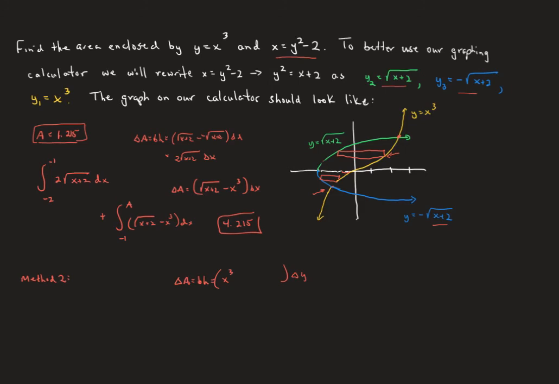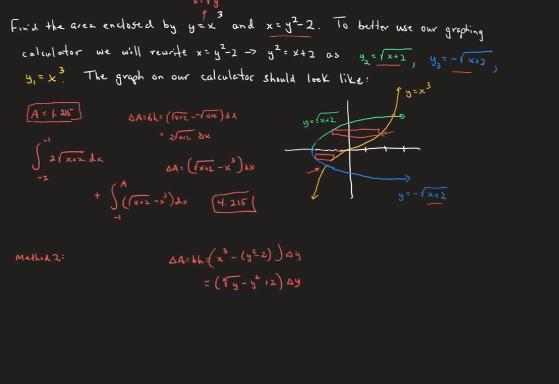So we can use our y squared minus 2 rather than splitting it up into two separate integrals. Now we are going to have to rewrite this y equals x cubed as x equals the cube root of y. So our area is going to be that cube root of y minus y squared plus 2 after we distribute, times the delta y.